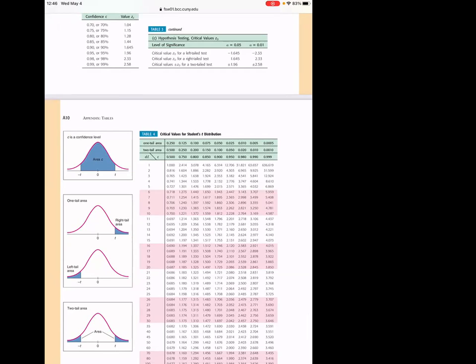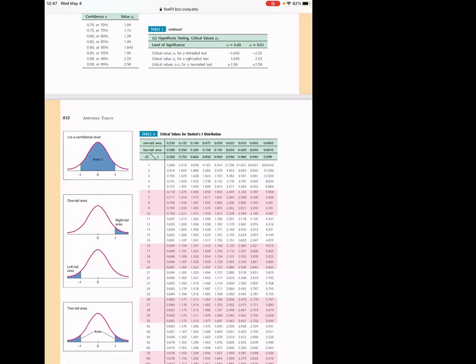So that's where you have to go. That's your confidence level. And with 9 degrees of freedom, you need to go down to 9. So then you need 2.821. You see it? Yes. That's what you need for the exercise.